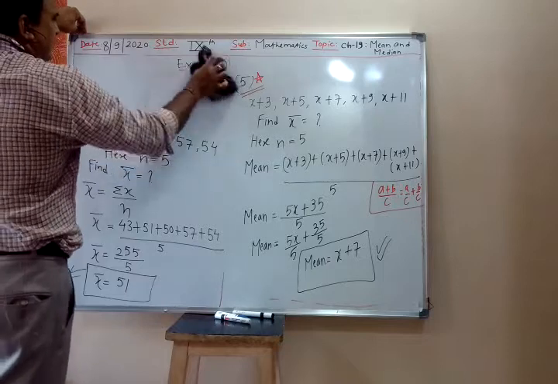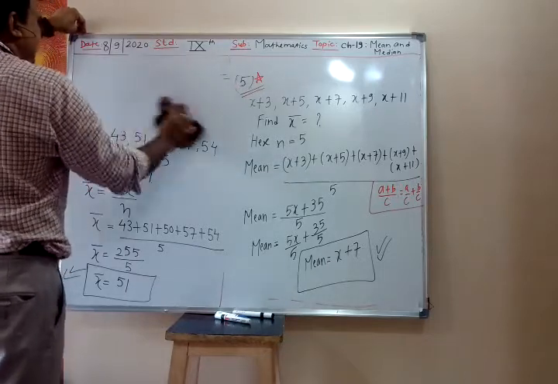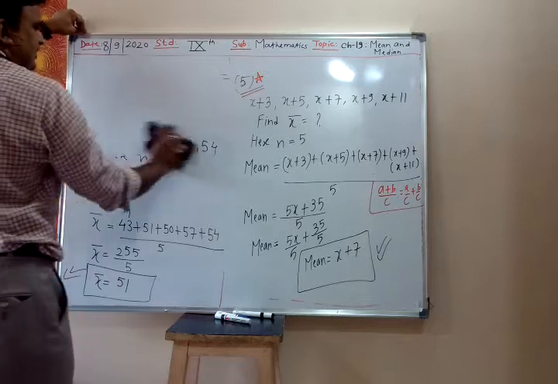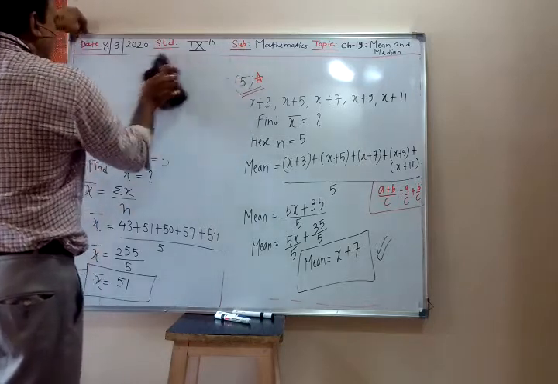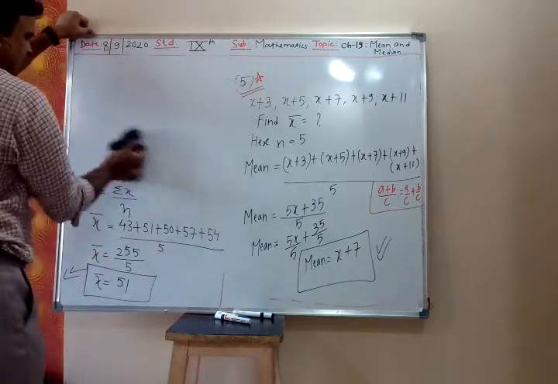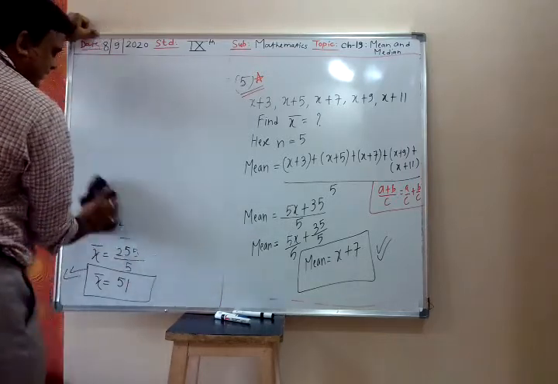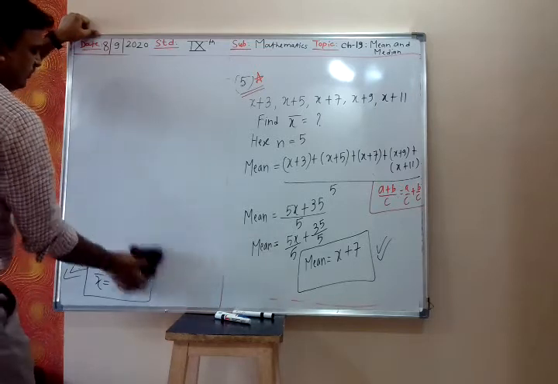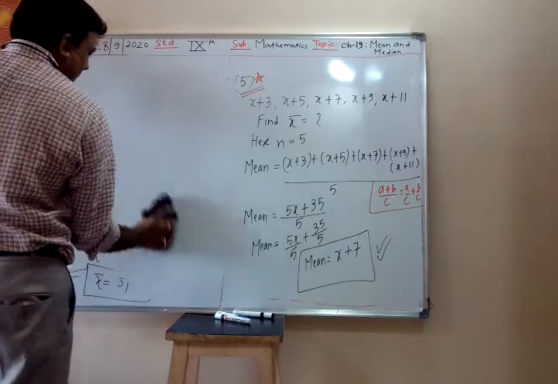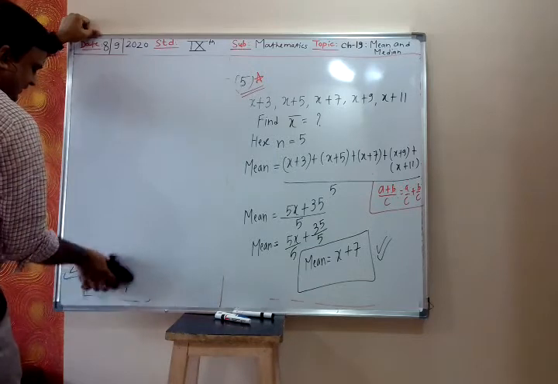You will add them, no? 3x plus 5x: we are adding like terms because they have the same variable. You have to add the coefficients. x plus x is not x square; x plus x is 2x.